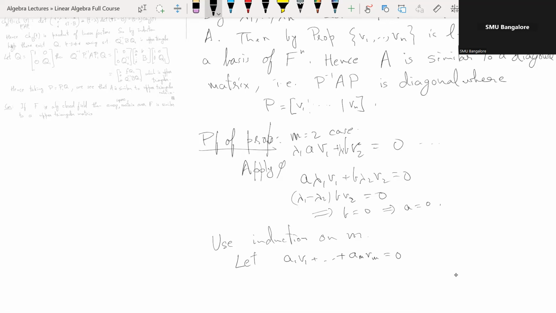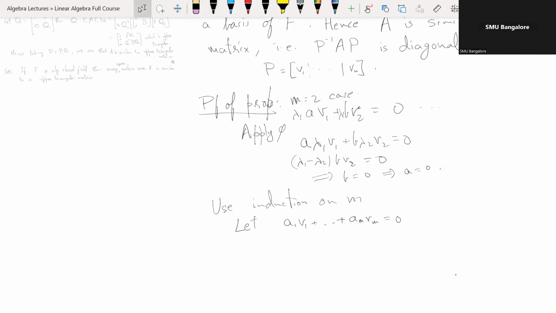So again, the idea was to apply phi and see what happens. Then we'll get a1 lambda 1 V1 plus ... plus am lambda m Vm is zero, right?